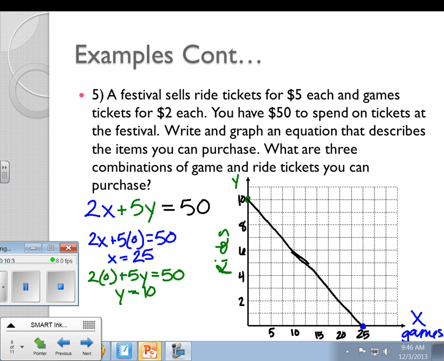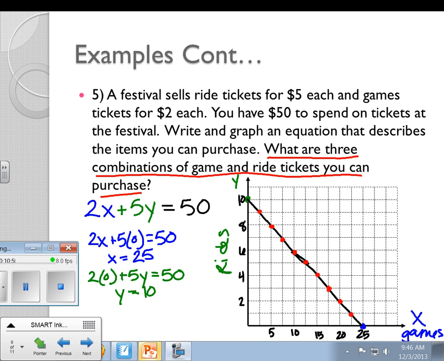Okay. And then the next thing it said is, what are 3 combinations of game and ride tickets that you can purchase? So basically, we're looking for points here. Look at all these points, and you can pick any one of those points. That would be a combination of ride tickets and game tickets you could purchase.